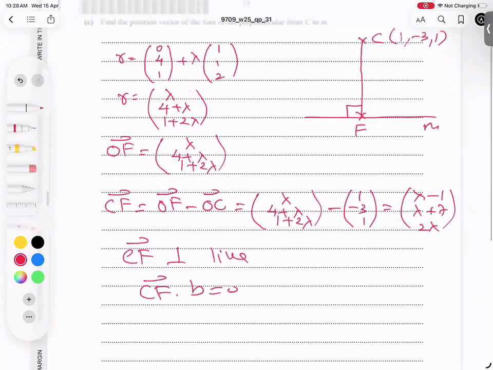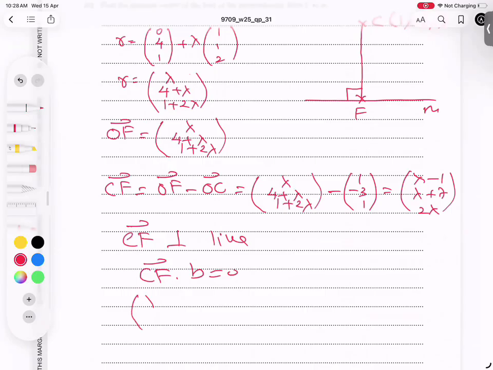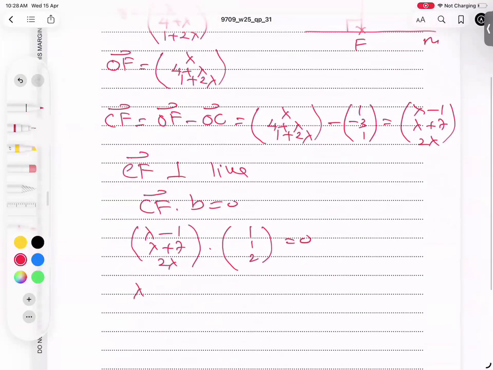So I am taking CF from there: lambda minus 1, lambda plus 7, and 2 lambda, dot product with 1, 1, 2 equal to 0. I got lambda minus 1 plus lambda plus 7 plus 4 lambda is equal to 0. So I got 6 lambda plus 6, and the plus 6 goes there as negative 6, and lambda becomes minus 1.